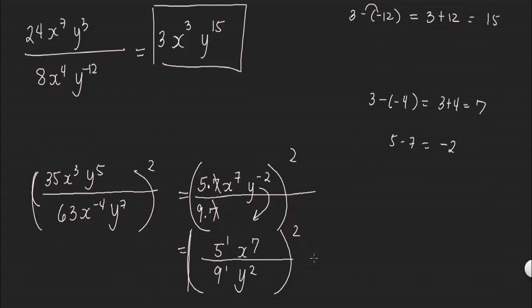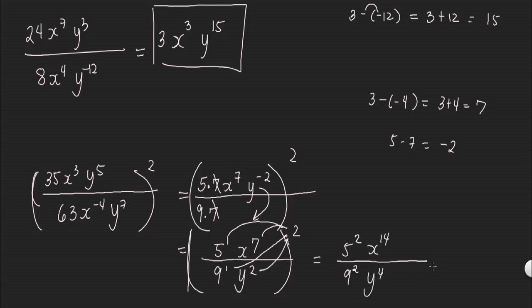Okay? So, we have 5 raised to 1. 1 times 2, that is 2. Times x raised to 7. 7 times 2, that is 14. 9 raised to 1. 1 times 2, that is 2. And then y raised to 2. 2 times 2, that is 4.